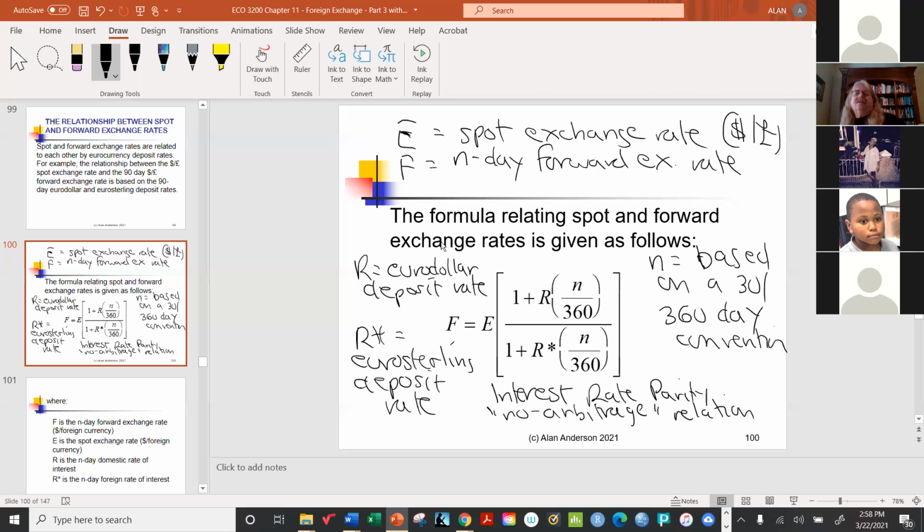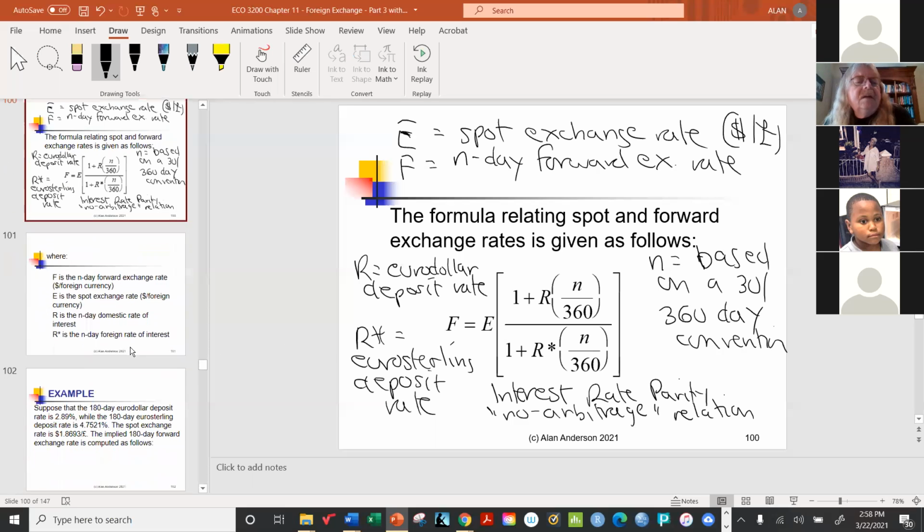Not all relationships in finance are no arbitrage relationships. This one is one, though. And we're going to prove it. We're going to show how to make money if we have a situation like this, where this forward exchange rate is not the one that's being quoted to you.